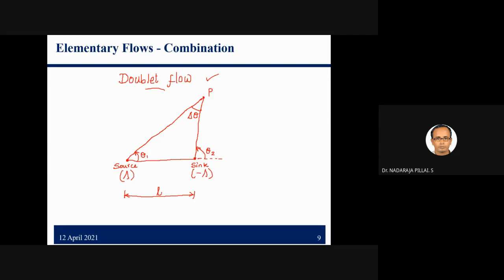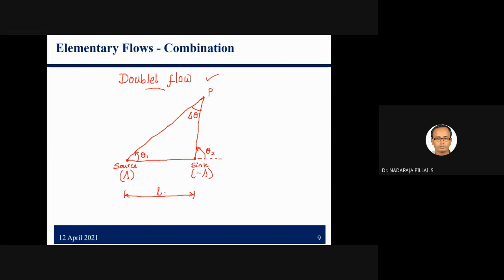And we will be having a limiting case, right? So what is the limiting case? At any point P in the flow, we can calculate whatever we want, right? Let us say the source approaches the sink. That means that source and the sink will be at the same point.